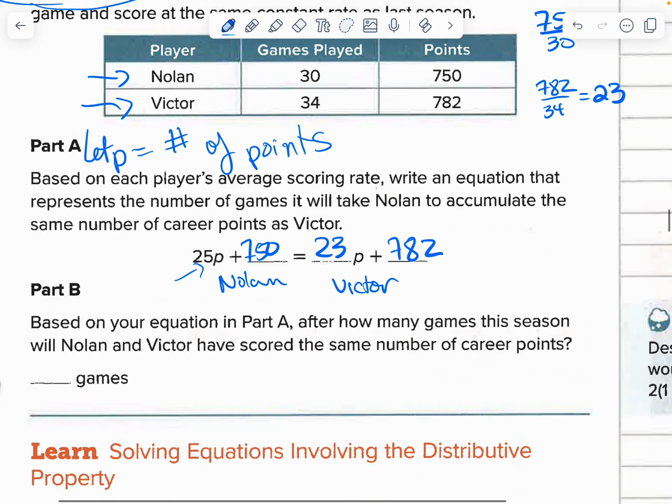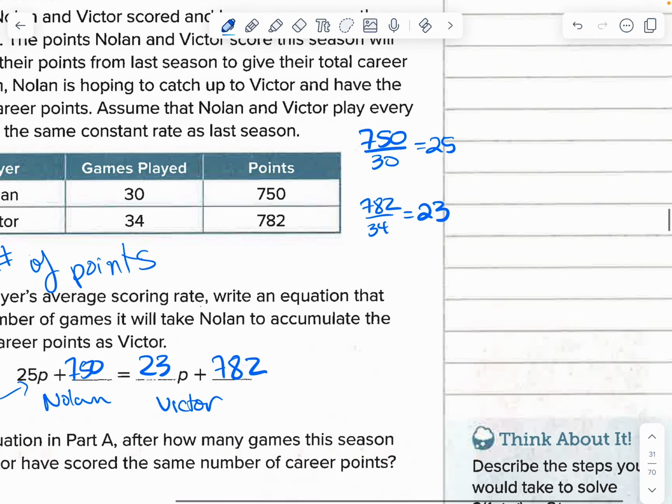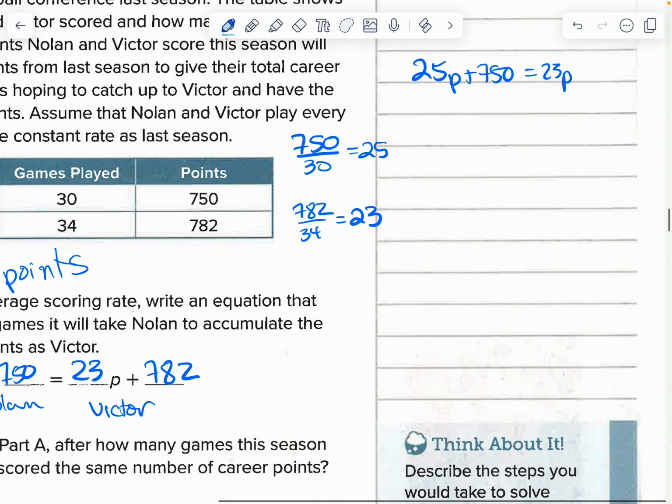So now we're going to solve that. How about we start up here? 25P plus 750 equals 23P plus 782. Again, I want my variables to be on the same side of the equal sign.